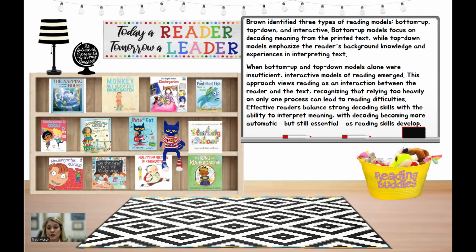Effective readers balance strong decoding skills, figuring out the unknown words, with the ability to comprehend or interpret meaning, with decoding becoming more automatic as we practice. The more we do it, the more we'll be able to decode the words and say what they are, but decoding is still essential as reading skills develop.